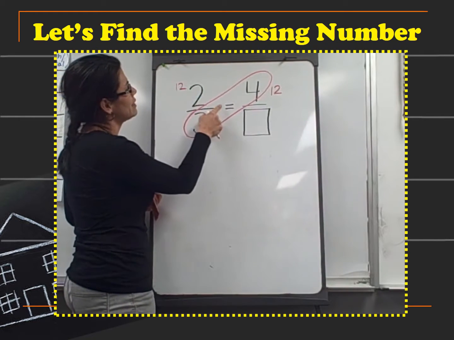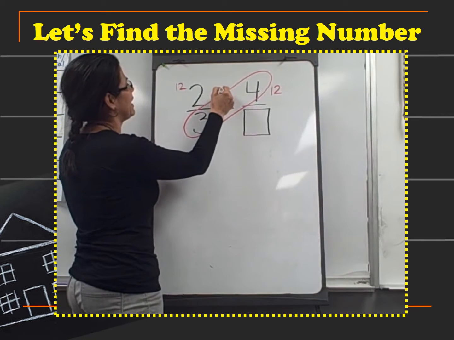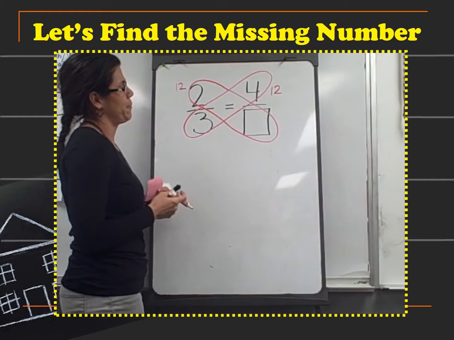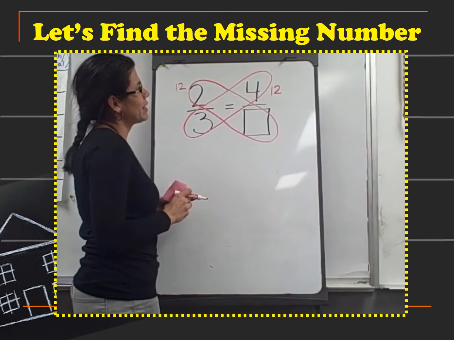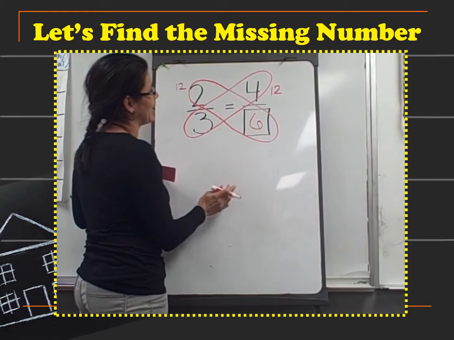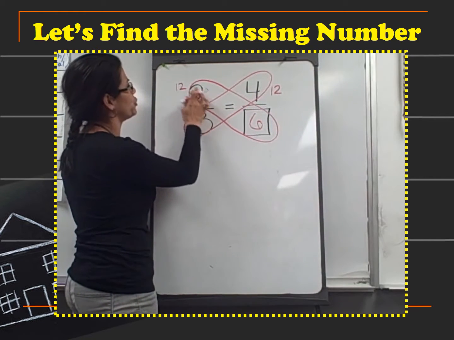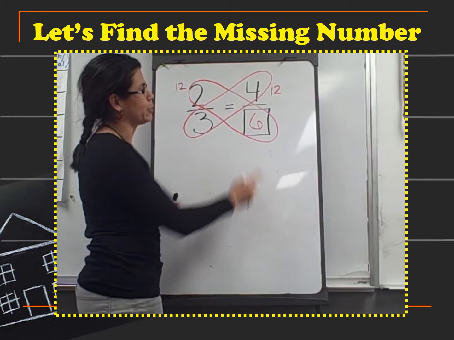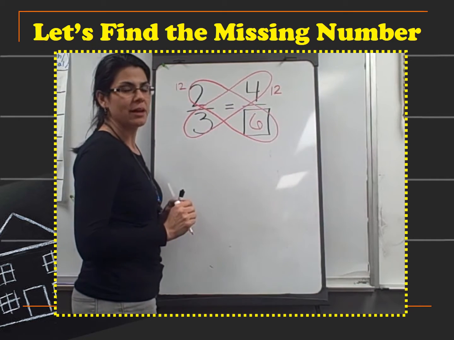So 2 times what number here would give me that 12? Did you say 6? I hope you said 6, because 6 times 2 is 12. So in this example, our missing number would be 6.